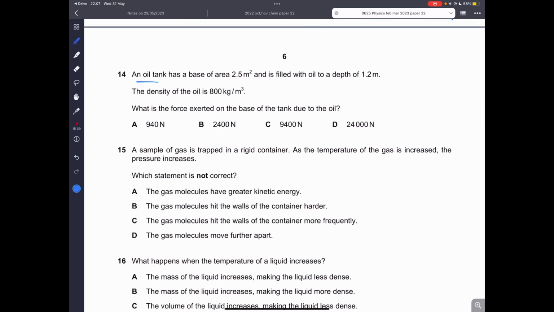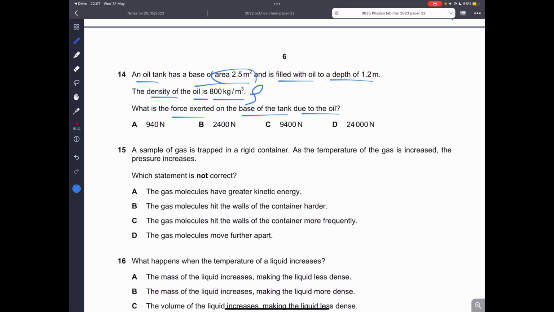Question number 14. An oil tank has a base area of 2.5 meters squared and is filled with oil to a depth of 1.2 meters. The density of the oil is 800 kilograms per meter cubed. What is the force exerted on the base of the tank due to the oil? For this question as well, we have to use formulas to work this out.